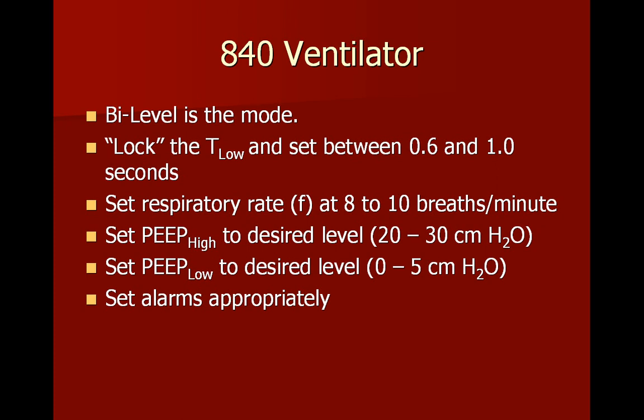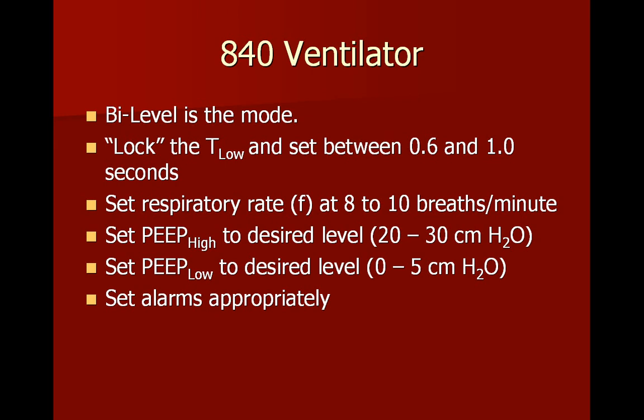If you're in the 840 world, 840 is kind of goofy because it doesn't have APRV as a mode. It has something called bilevel. How many folks use 840s, by the way? I'm not speaking to just a few of you. There is a setting when you go into the bilevel setting where you can lock one of 3 parameters: T high, T low, or the ratio between the two.